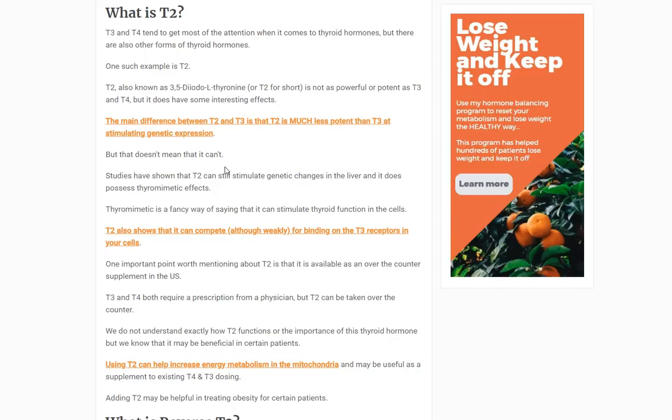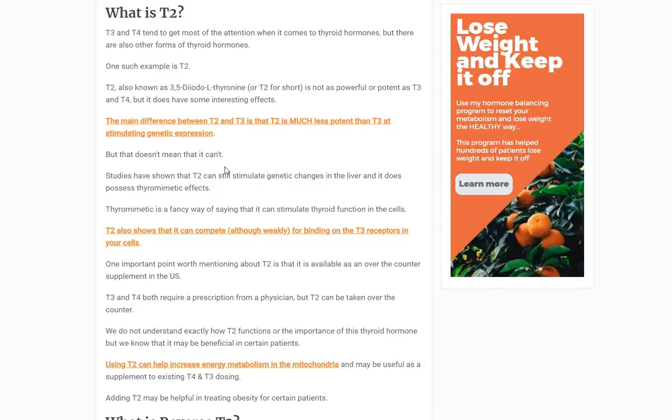Where I've seen this be the most beneficial is in patients who have had their thyroid either completely removed or destroyed by radioactive iodine ablation, or even end-stage Hashimoto's patients may benefit from this as well. If you'll notice, all of these are conditions in which the thyroid is not functioning properly.